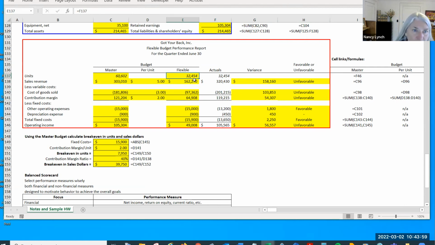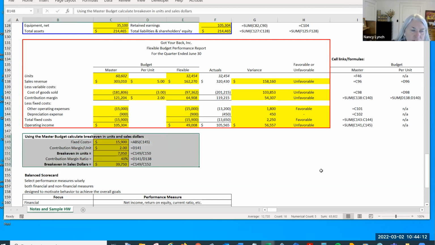Notice these we varied, so does our contribution margin, and these are fixed. They don't vary. As far as this is material that you should have learned, you can refer back to Module 5, where you do your break even and your break even in sales dollars.